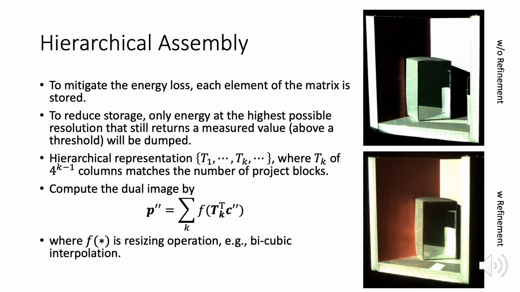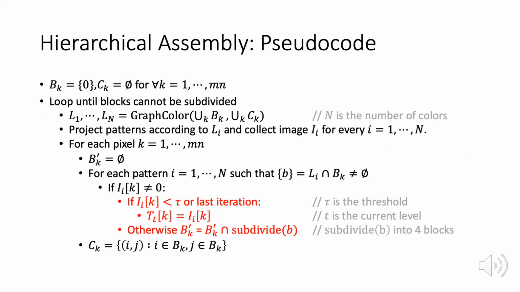Now we need to introduce the resizing operation f here to resize the synthetic dual images of different levels, and then we blend them together using summation. Let's review the previous adaptive algorithm. To add the hierarchical assembling, we'll need to add several lines, as the red parts show.